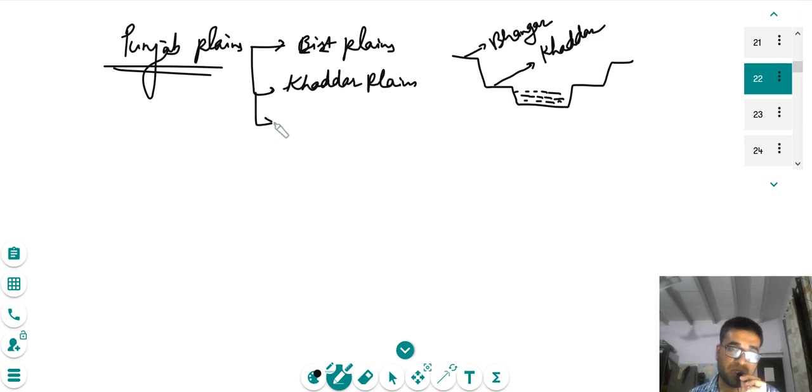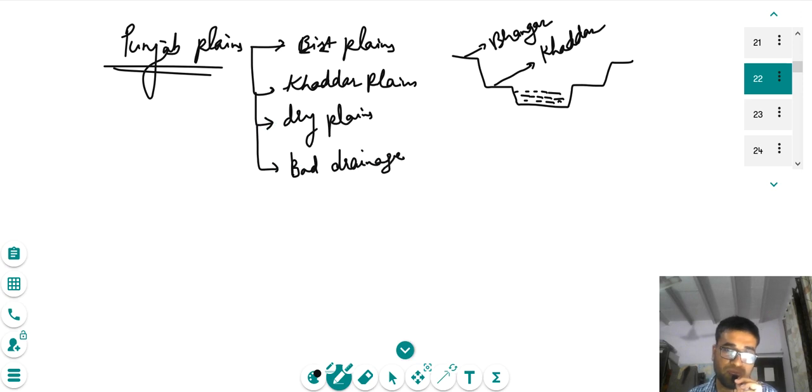Next, the Punjab plains are dry plains, right? And the plains of the Punjab have bad drainage, because of the basin shaped topography.